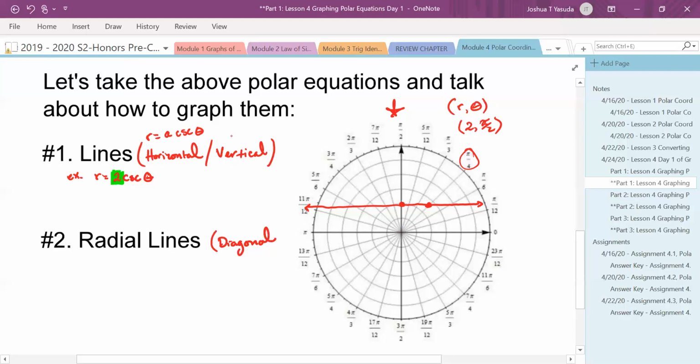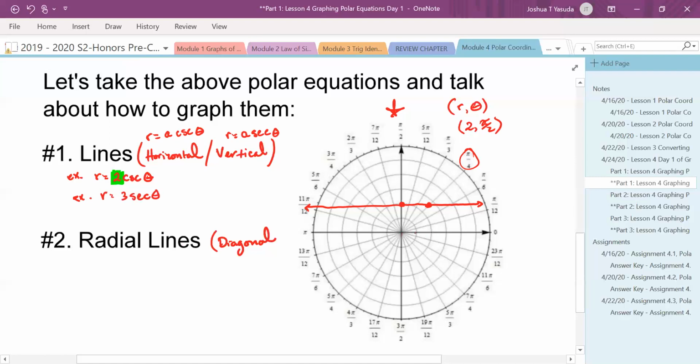Vertical, you could probably guess, is going to be r equals a secant of theta, utilizing cosine. So here, I'll make an example up. Let's do r equals 3 secant of theta, okay?